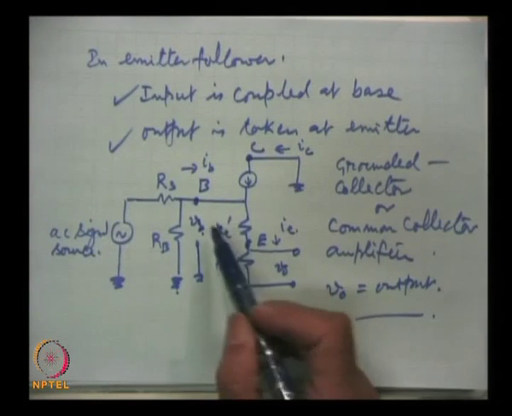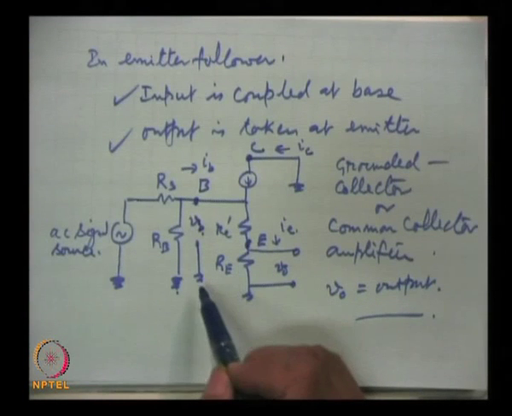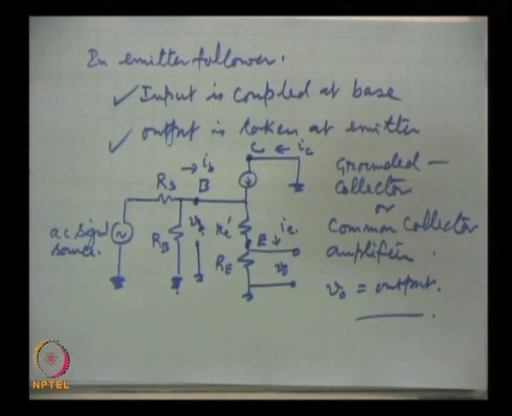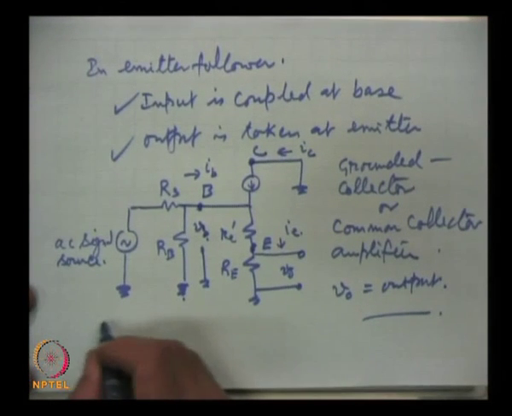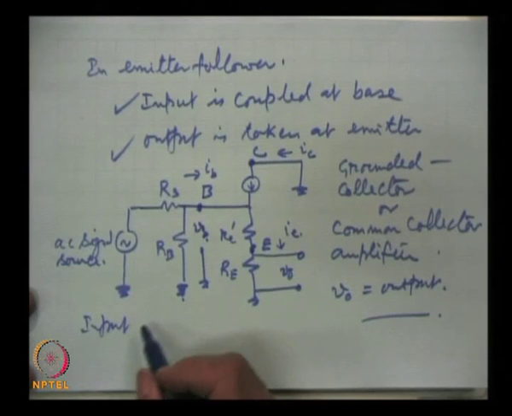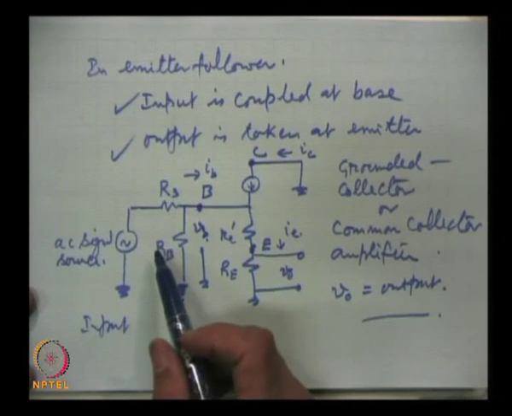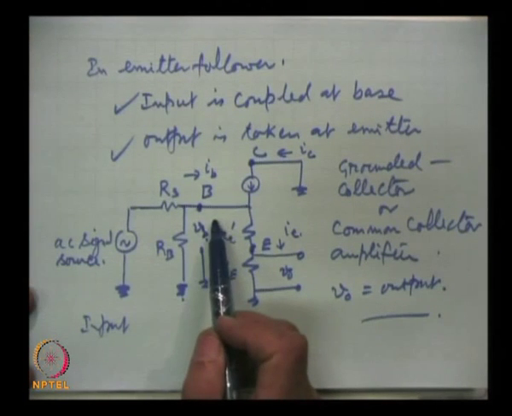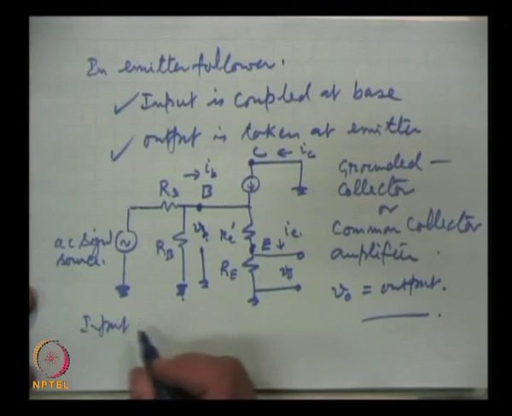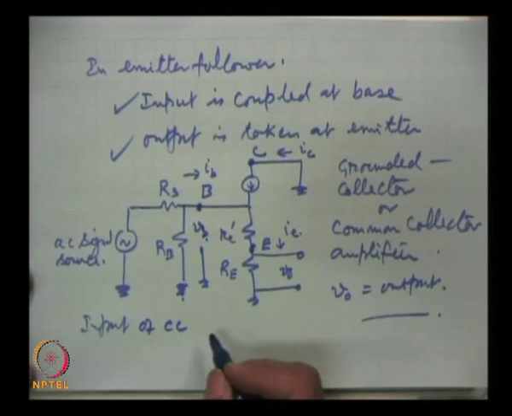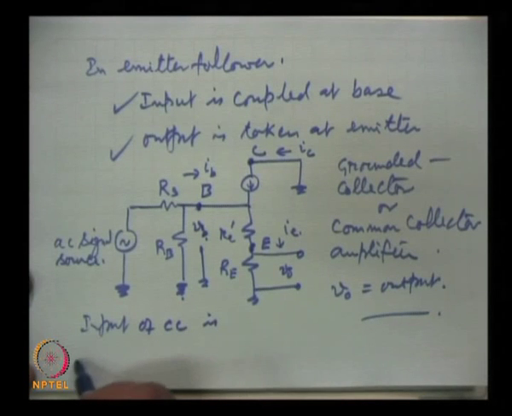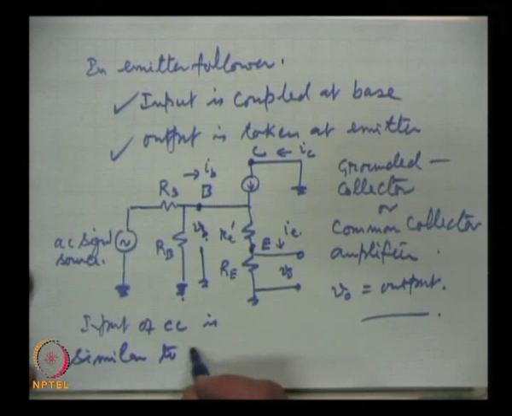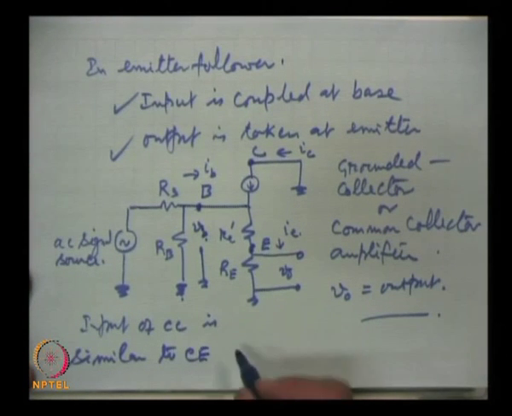You will recall that this input circuit is the same as used in the common emitter case, because there also we connected the signal source to the base, and here also we have connected it to the base. So, the input of common collector is the same as the common emitter amplifier input.